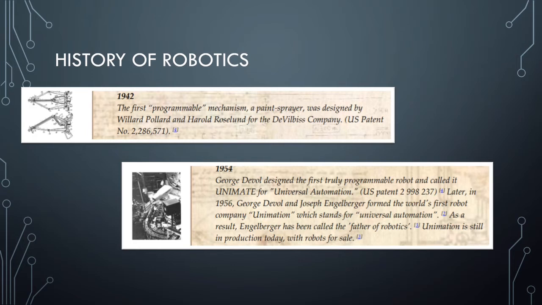Moving on, we have a couple more notable highlights. You'll see that the timestamps for these are getting closer and closer, so we're really starting to gain momentum in the 20th century.